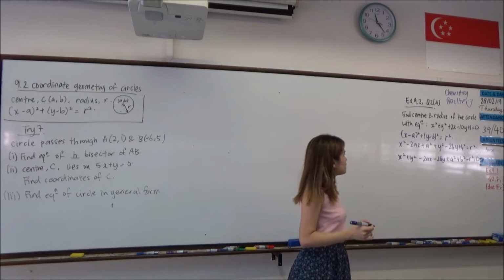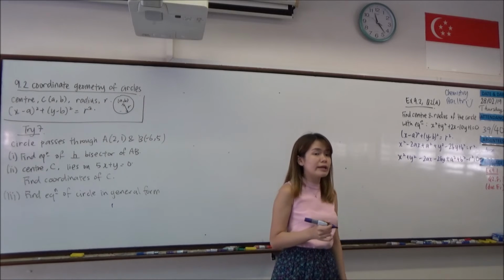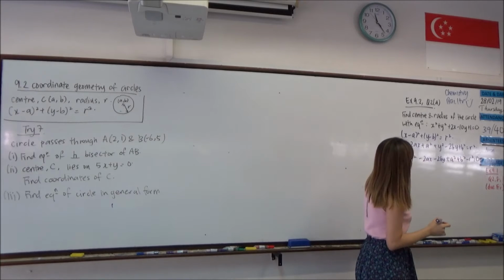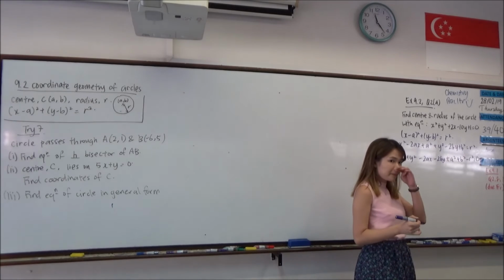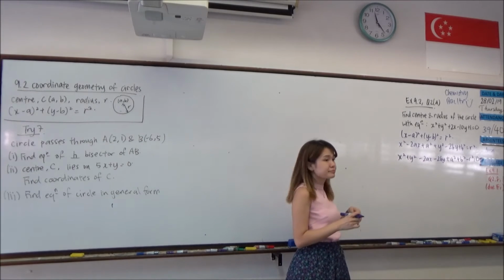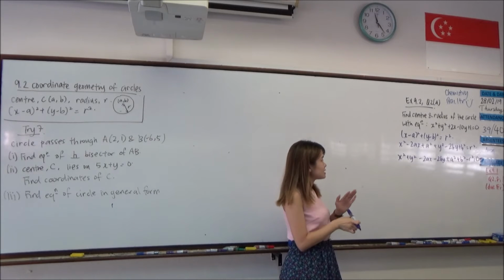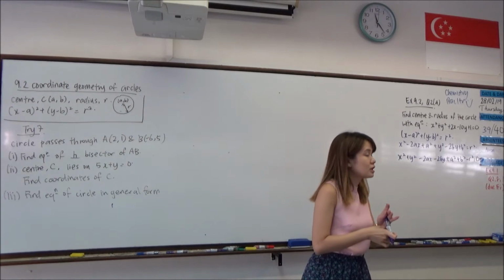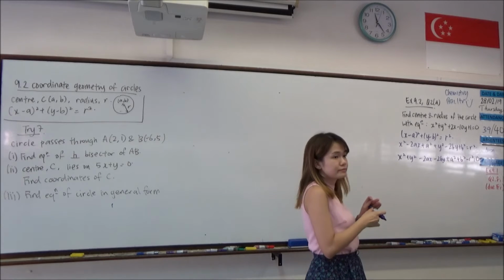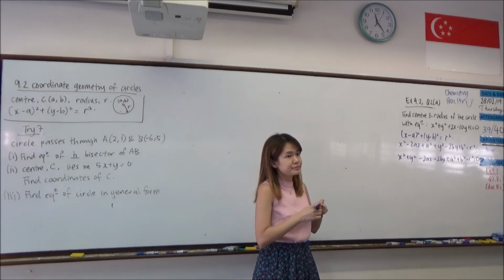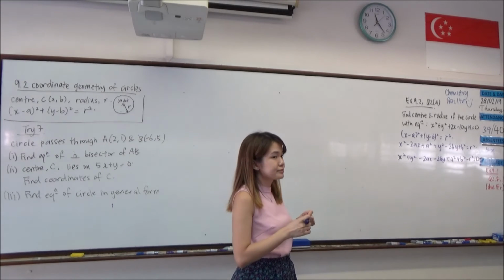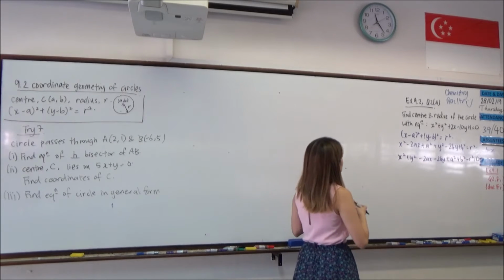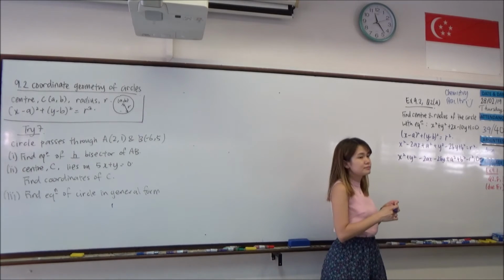Okay, then after that, we will want to find out what is the center, right? So how do we find the x-coordinate of the center? How to find? The center would have the coordinates (a, b), right?